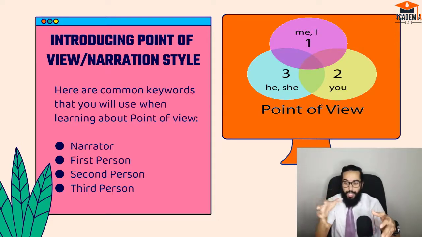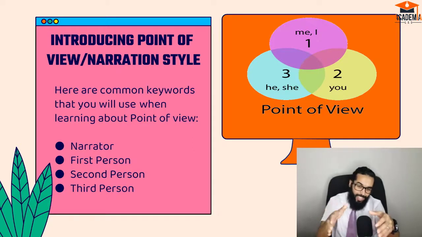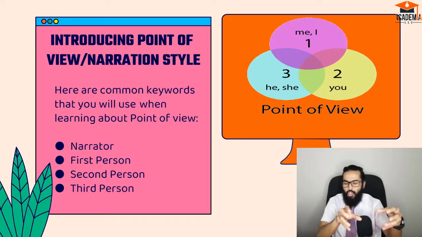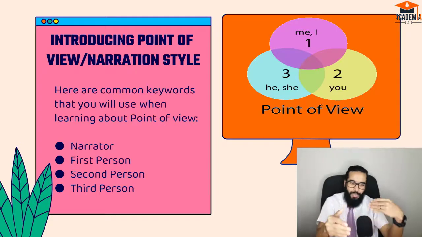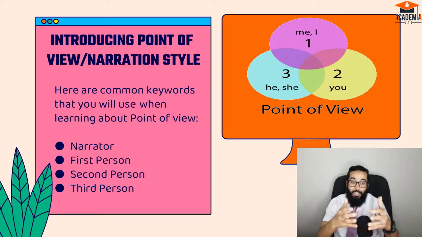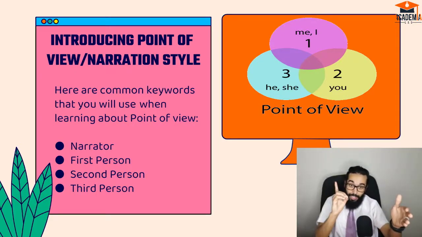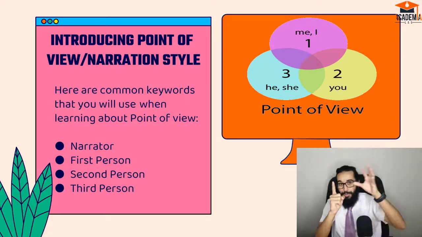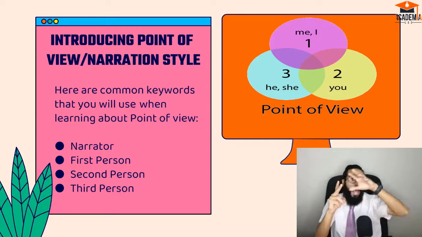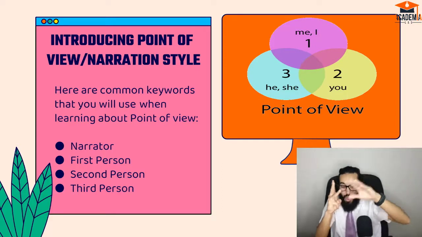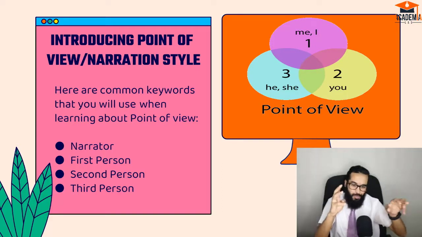Sometimes John, who's a character, is telling us a story. Sometimes someone is narrating the story but is not part of the story. So we've got narration styles and they are different. We've got the narrator, who sometimes narrates the story. We've got first person, who sometimes narrates the story, the second person, and we've got the third person as well.